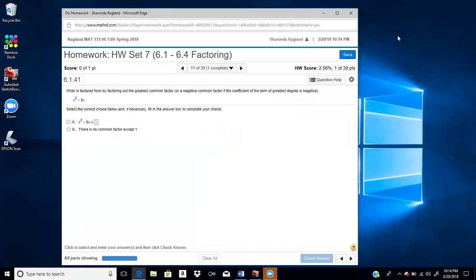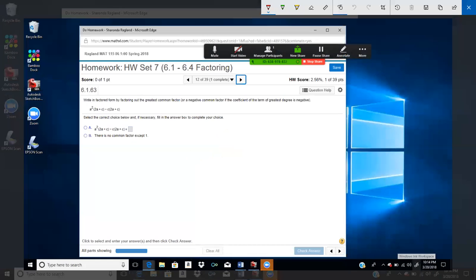All right, so now let's look. This part here, we're getting into the grouping. So when we see this, we'll write this out: a squared times 2a plus c, minus c, and then in parentheses 2a plus c. What do you see that they have in common?